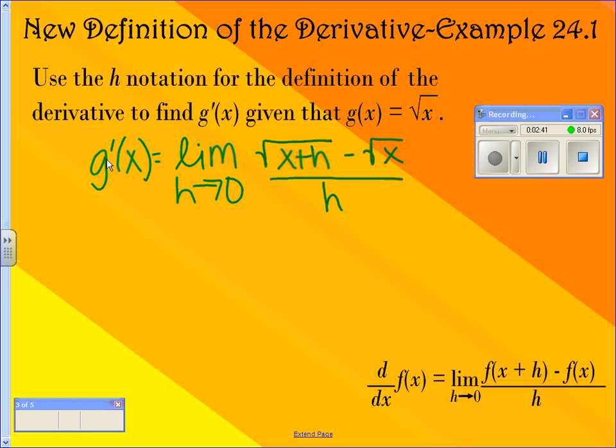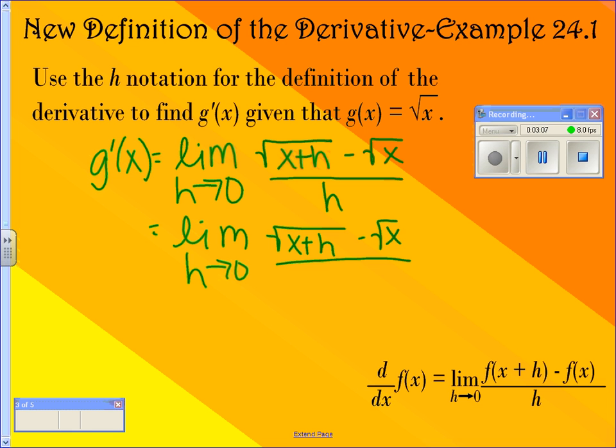Any ideas what to do to simplify it? Nope, that would change the value of it. Any ideas? Okay, I'll just tell you. I don't expect you to know what to do.